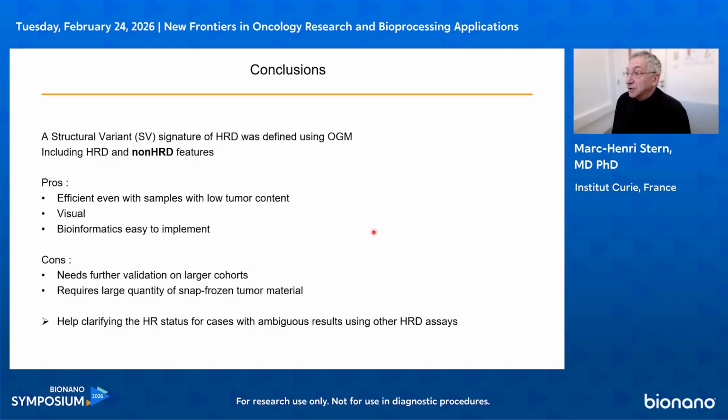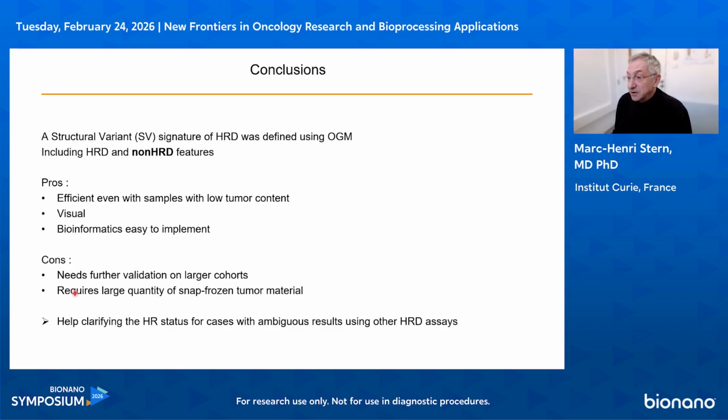In conclusion, a structural variant signature of HRD was defined using OGM, including HRD features and, something new, also non-HRD features. This method was found efficient even with samples with low tumor content. It is a very visual method, and the bioinformatics is easy to implement.